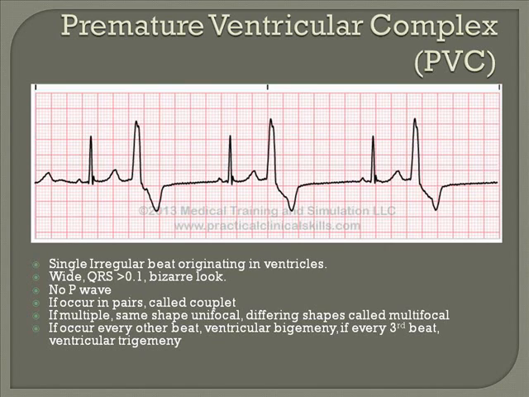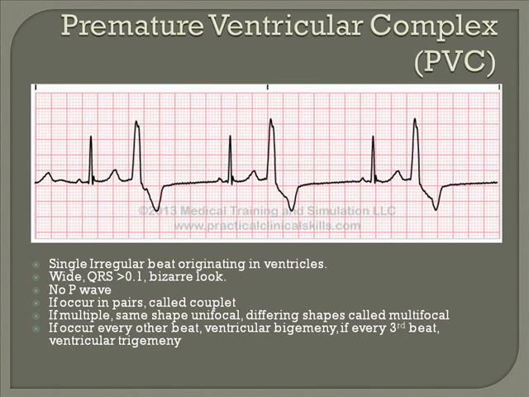It can be caused by stress, too much caffeine, or certain medications. If it is occurring with this regularity, such as every other beat, there is something more serious going on that needs to be addressed. It can be a sign of electrolyte imbalances or myocardial ischemia, or bad blood flow to the heart.